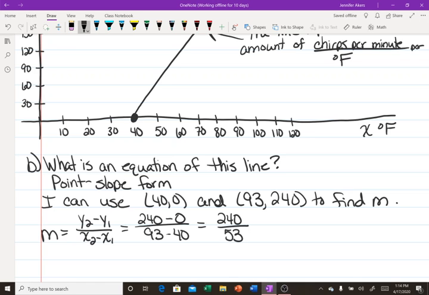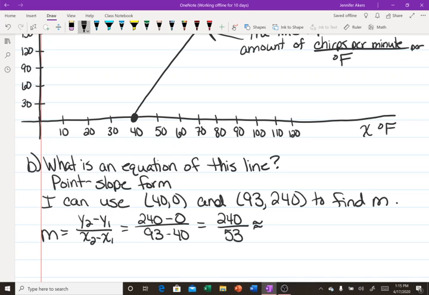Now, let's talk about this 240 divided by 53. We can look at it as a decimal. We can look at it as a fraction. Which one makes more sense? I'm talking about chirps per minute per degree Fahrenheit. I think it makes better sense to look at the decimal.